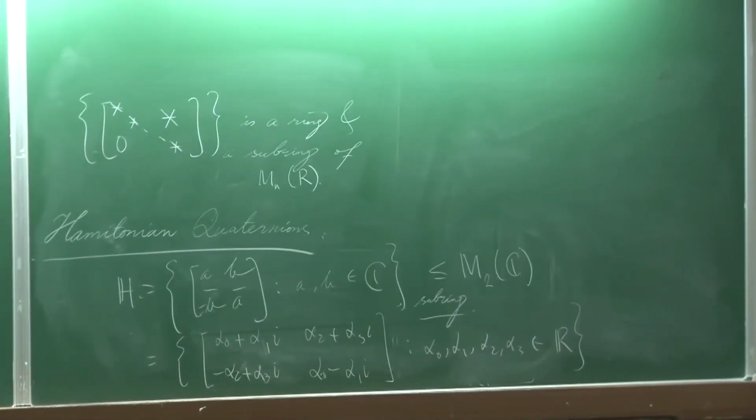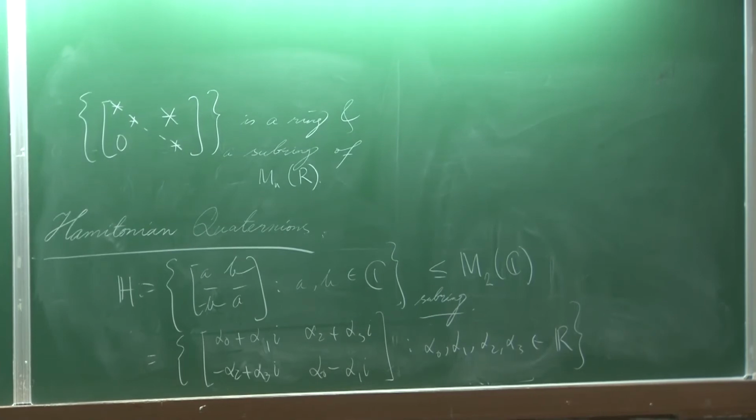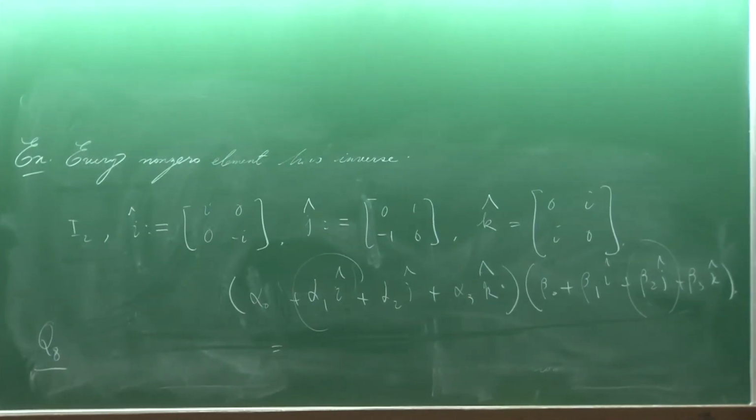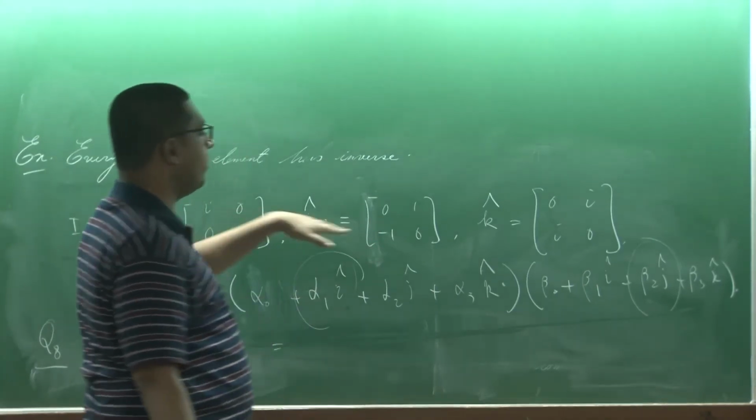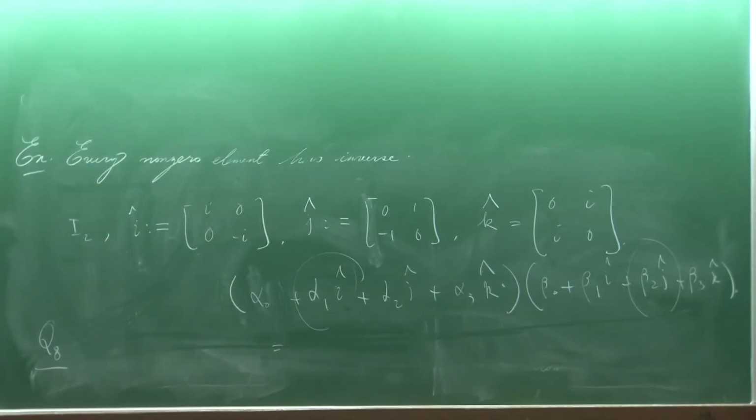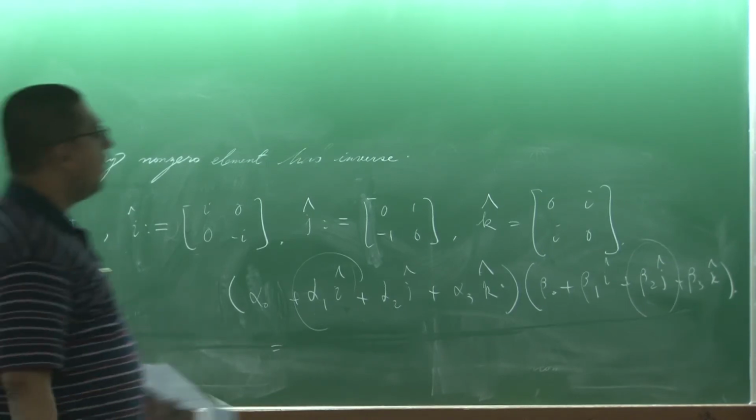So this is our group of quaternions. Okay. So what is Q8? Q8 is nothing but the multiplicative group of this very particular set of basis elements of H. Okay.